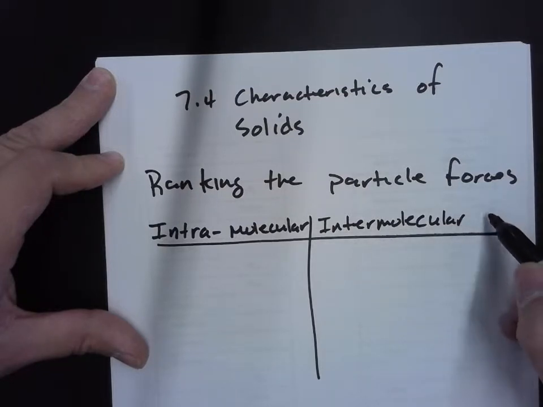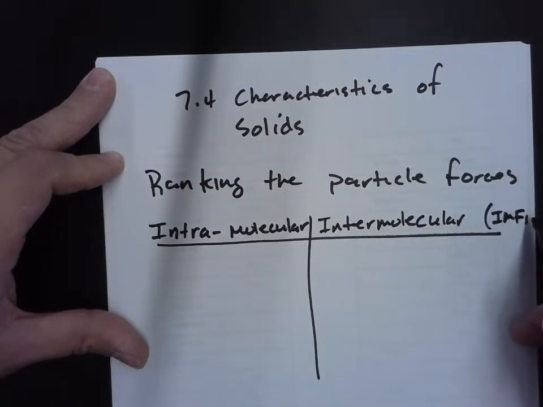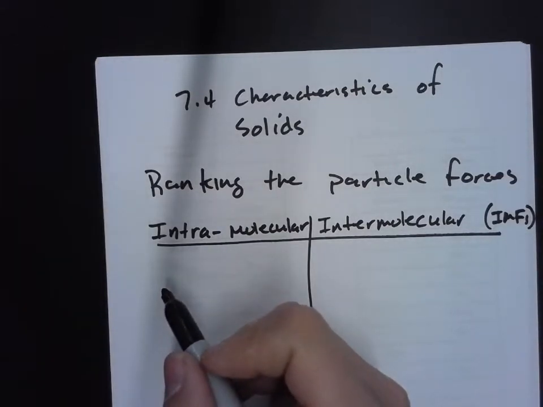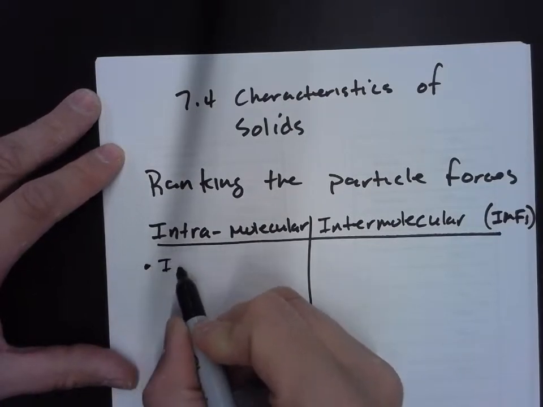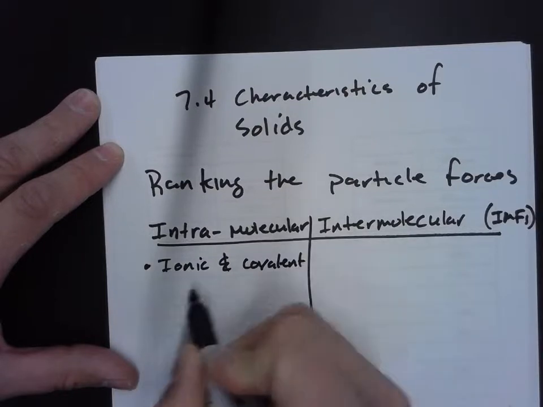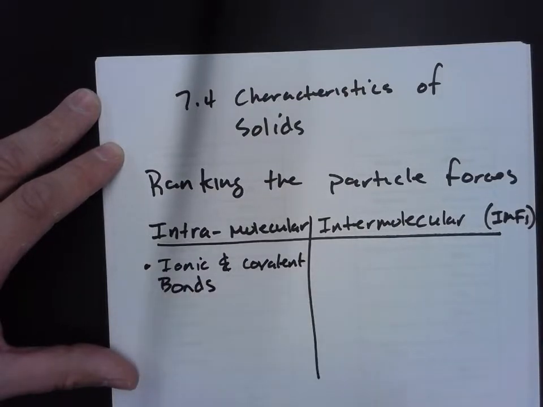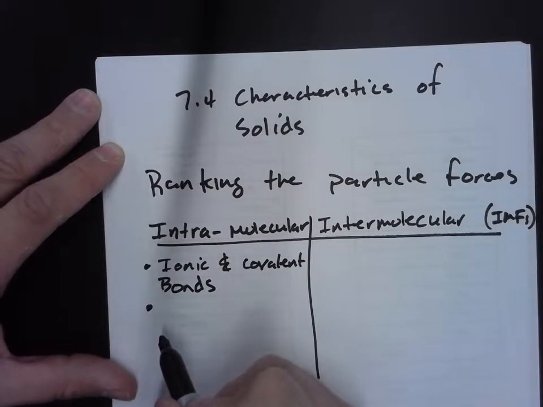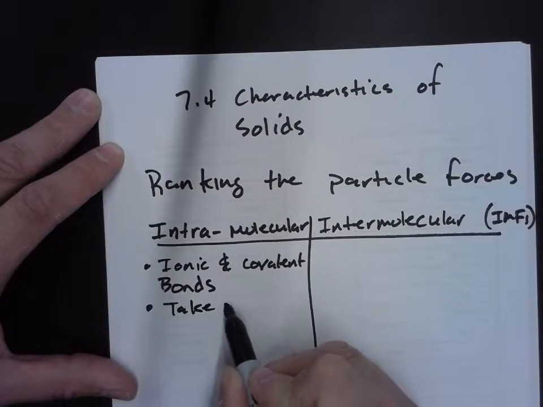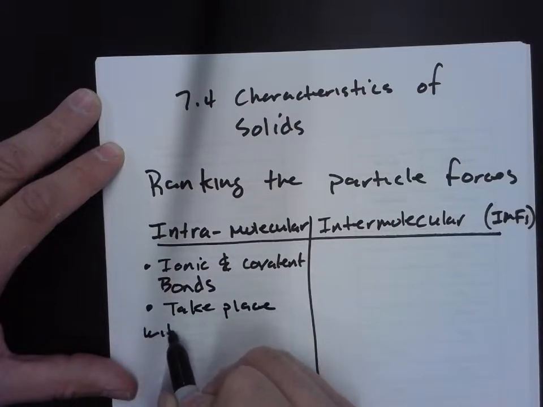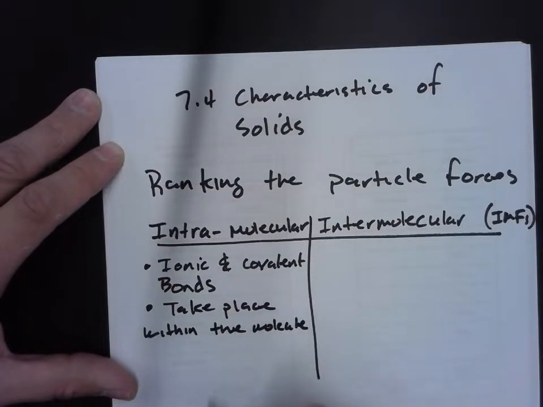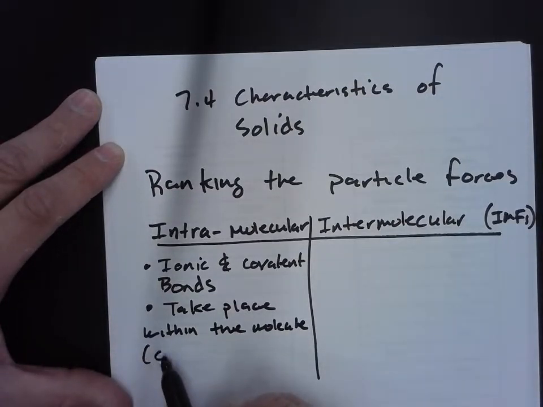That's going to be IMFs. On the intramolecular side, we have ionic and covalent bonds. And these things take place within the molecule. In other words, they're chemical bonds.